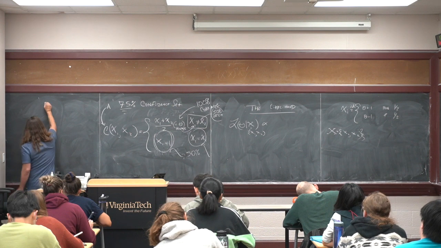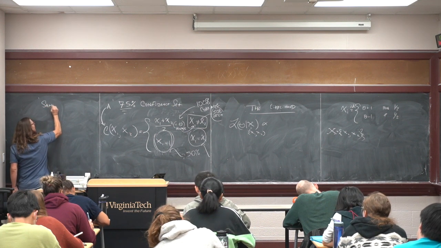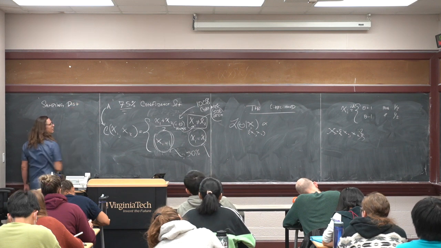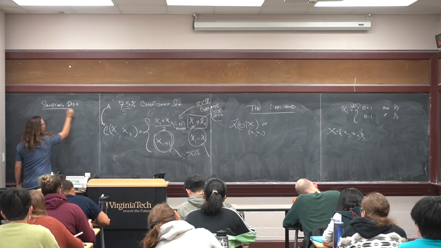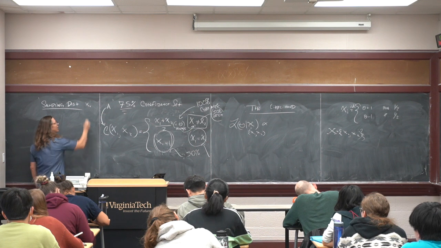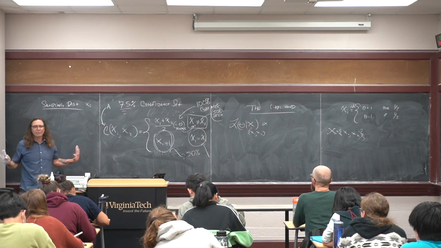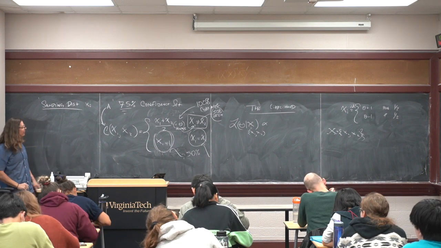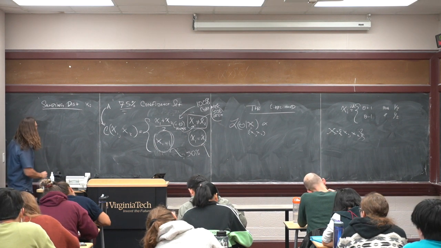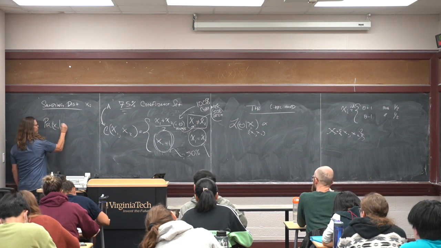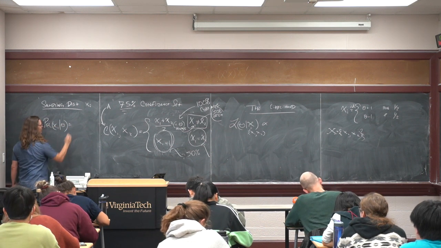So what's the sampling distribution? Let's just say for x1, the first data point. I'll make it an i, so it's for any particular data point. Probability of xi given theta. What's that?